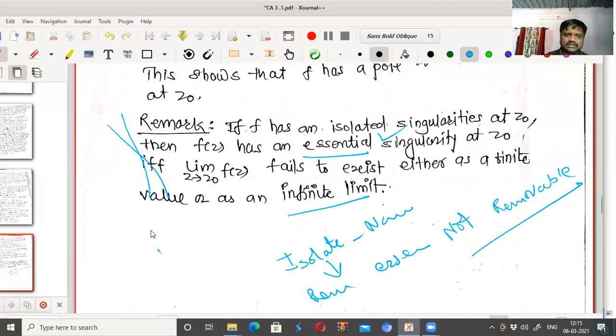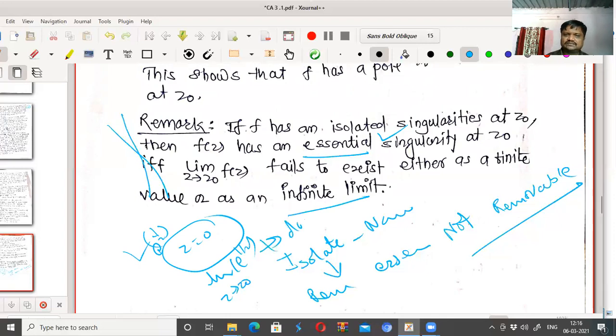For example, e to the power 1 by z. z equal to 0 is the essential singularity of e to the power 1 upon z, because the limit of e to the power 1 by z as z tends to 0 does not exist. Such types of singularities are called essential singularity.